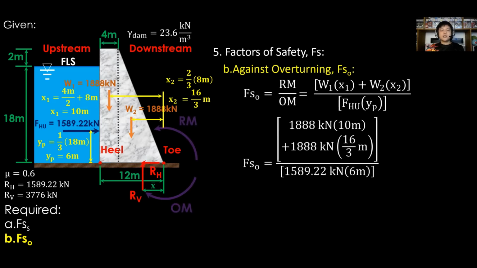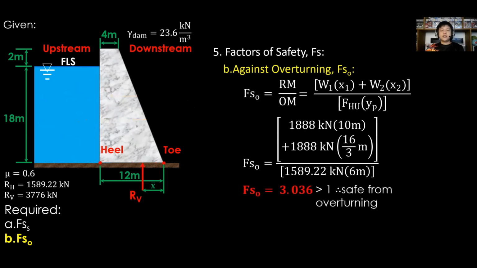Substitute W1 and W2 as 1,888 kilonewtons, X1 as 10 meters, X2 as 16/3 meters, FHU as 1,589.22 kilonewtons, and YP as 6 meters. Therefore, Fs sub O is equal to 3.036. Greater than 1 means safe from overturning.